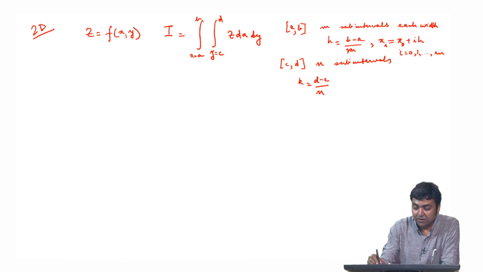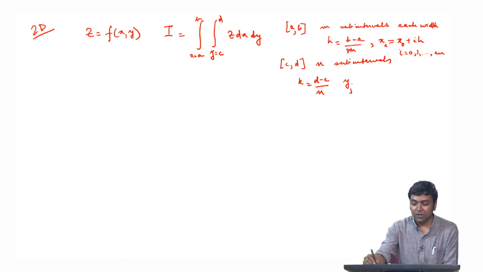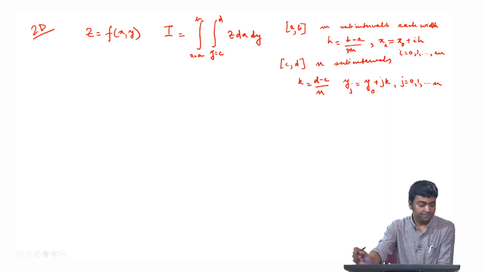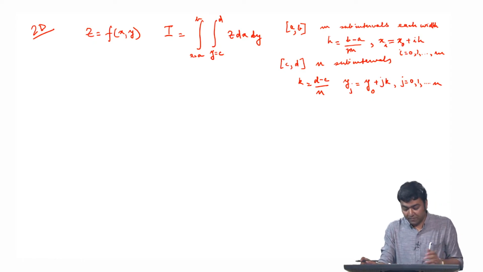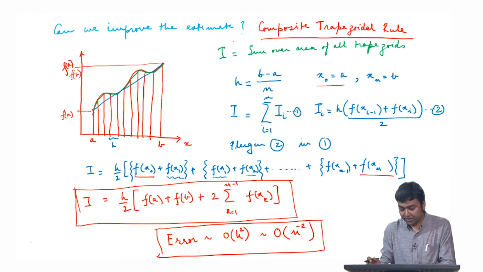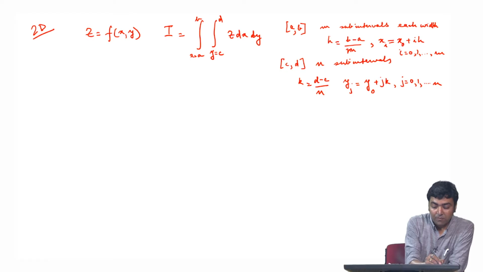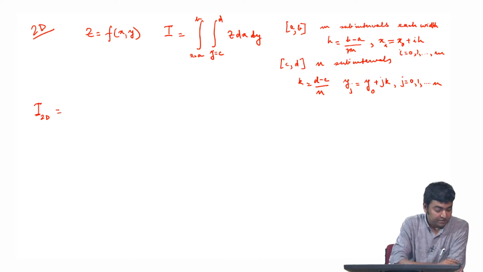In this case, y_j will be given by y_0 plus j k, where j goes again from 0, 1 all the way to n. And then if we do a similar exercise that we had done in the previous case, I am not going into the derivation, I will just directly write down the equation. So, my two-dimensional integral under the trapezoidal rule will be given by this function.